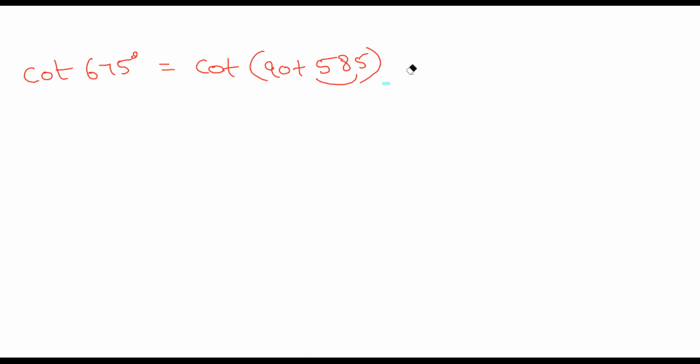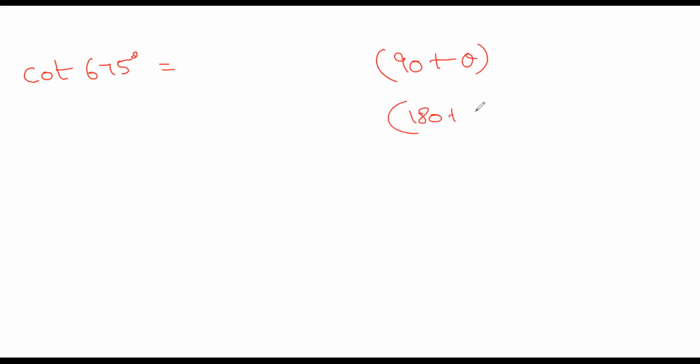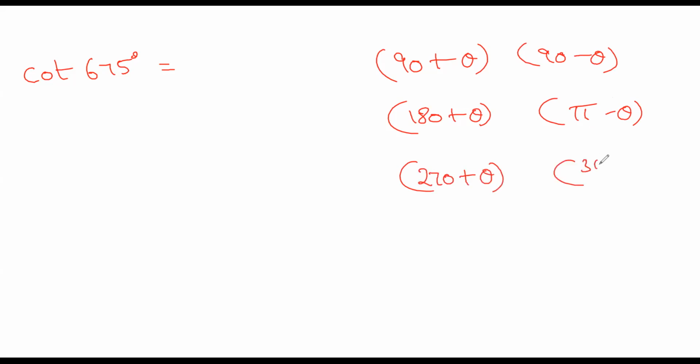You can take 90 plus theta or 180 plus theta, or 90 minus theta, 180 minus theta. You can also take 270, that is 3 pi by 2 plus or minus theta, both are the same.